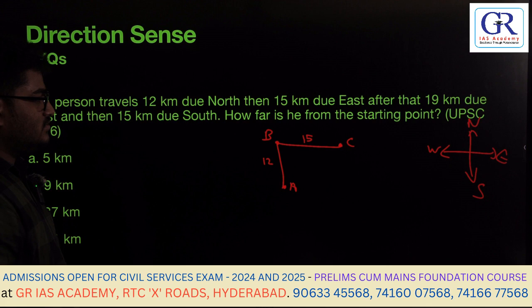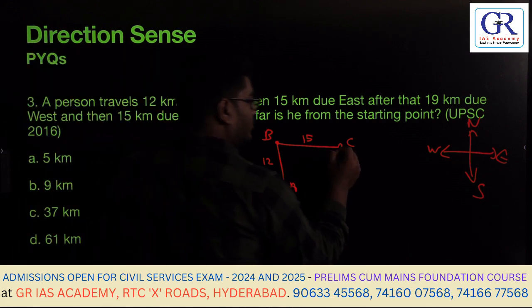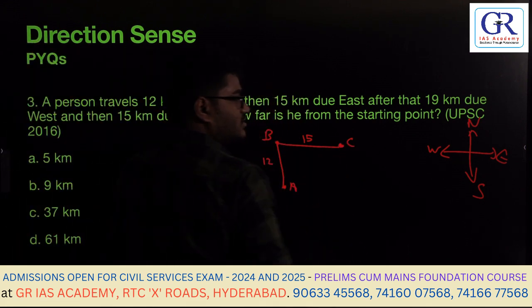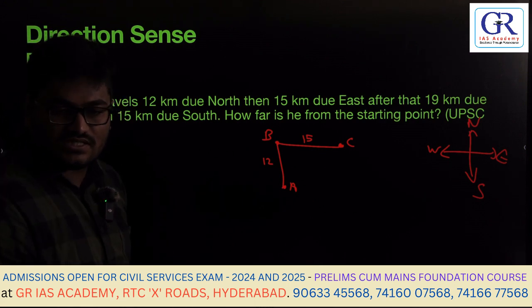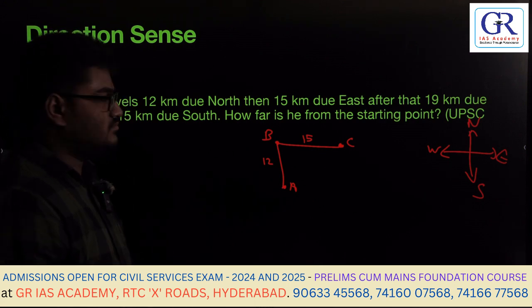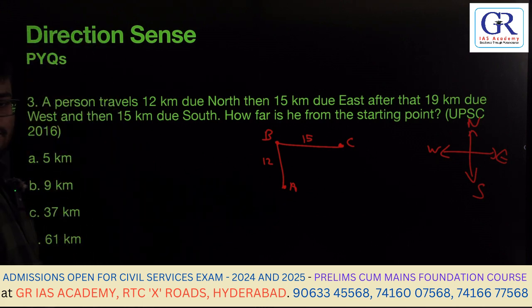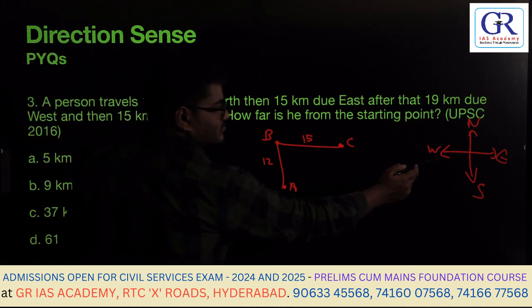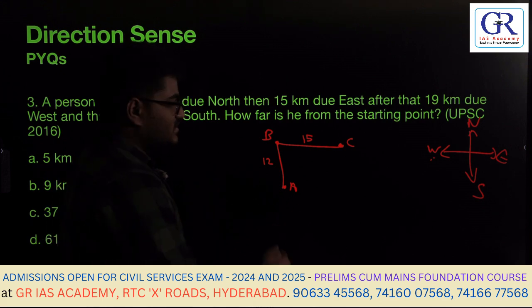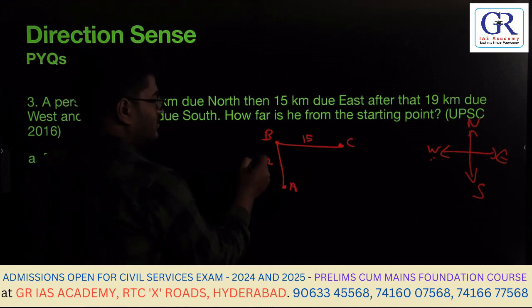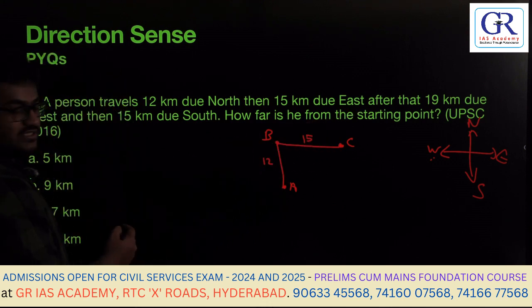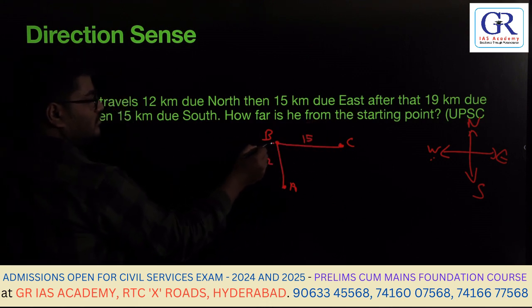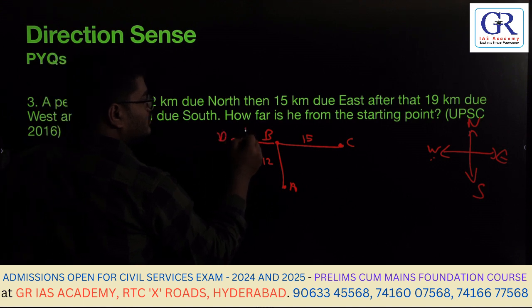He walked 15 kilometers due east, we got to a point C. From there, in which direction is west? Opposite, back again. So here they are saying 19 kilometers due west. So to a point D, this is 4 kilometers.